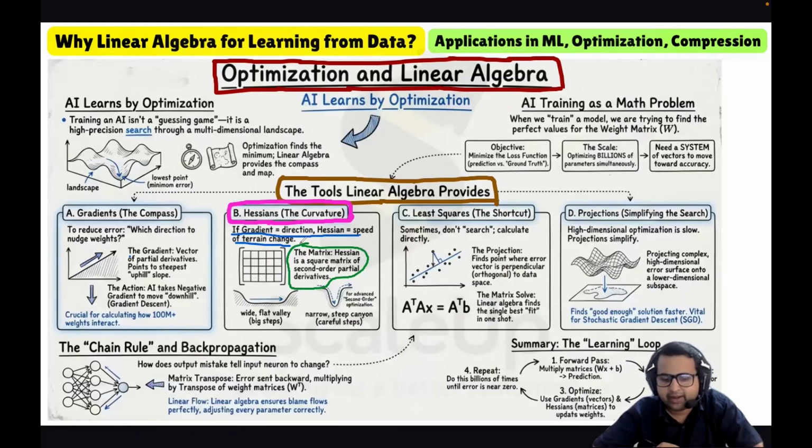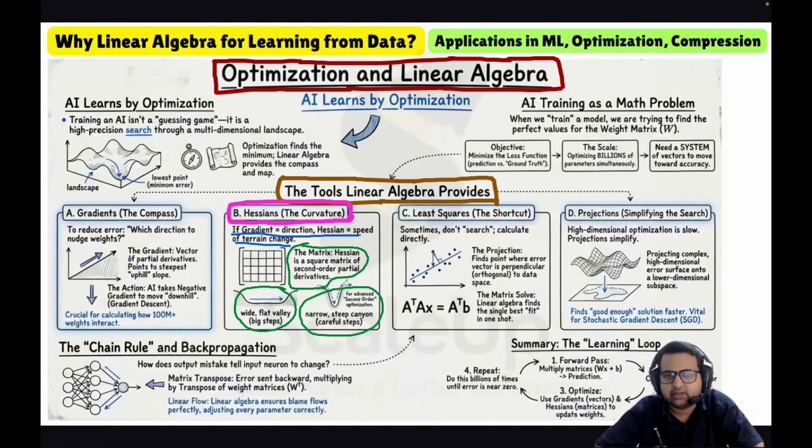The Hessian matrix helps the optimizer understand if it is in a wide flat valley where it can take big steps. The Hessian will give us information whether we are in a wide flat valley, wherein the speed of terrain change is very low, or we are in a narrow steep canyon where we have to take careful steps because the speed of terrain change, the curvature, is extremely high.